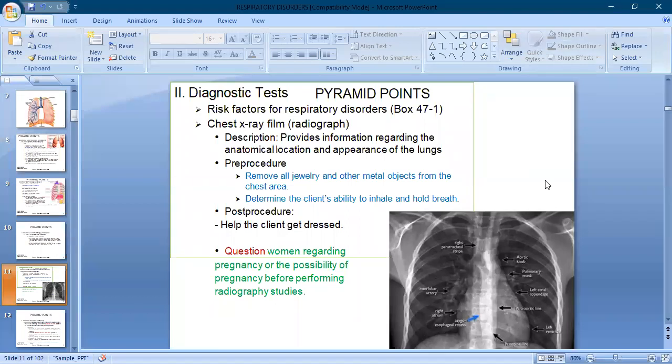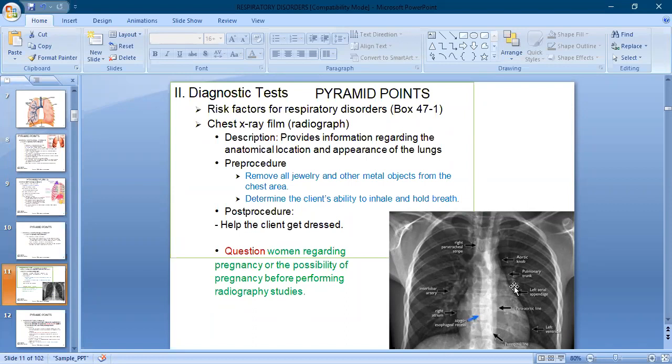Okay, now we are going to talk about the diagnostic tests. In this picture, you can see the radiography of the chest. Radiography means X-ray.